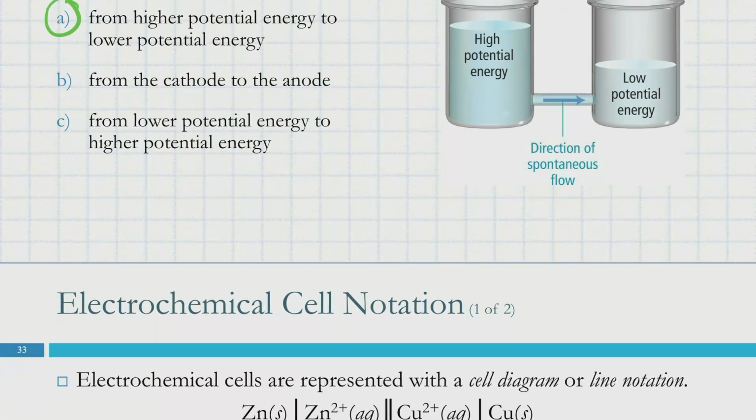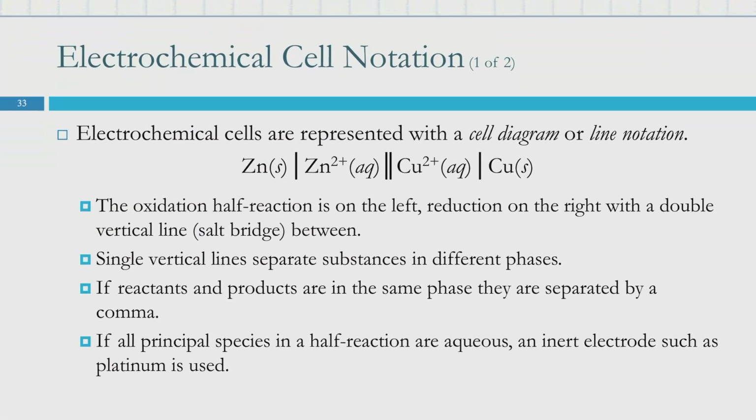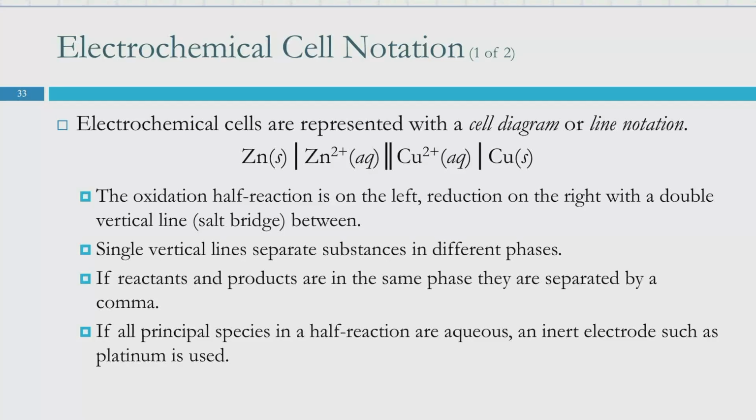So there's the answer. We also have an electrochemical cell notation so that we don't have to draw it out every single time. So this is our line notation. We've got our oxidation half reaction on the left. We've got our reduction half reaction on the right.